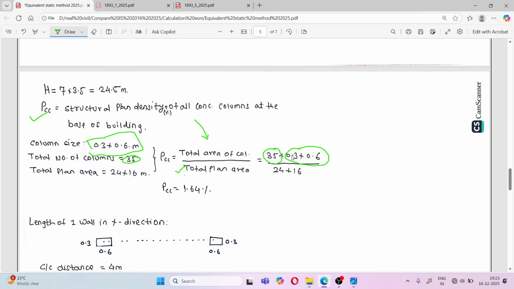So 35 into 0.3 into 0.6 divided by the total plan area, that is 24 by 16. So this is 24 meter and this is 16 meter. If you solve this, you will get the structural plan density 1.64%.